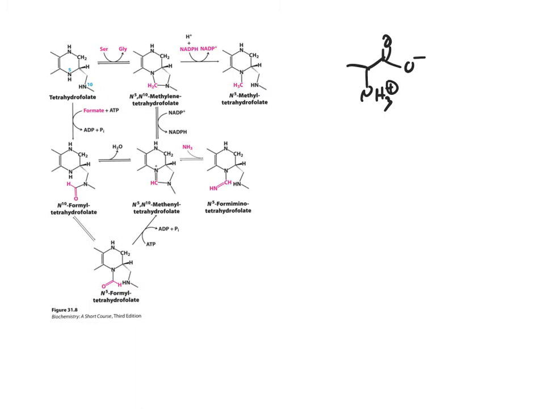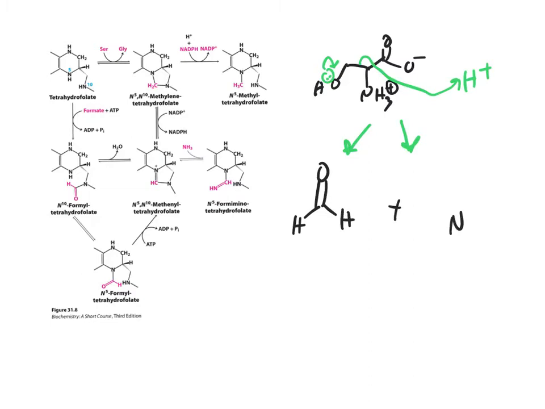But what happens is that you essentially eliminate this whole group here. So you'll have some proton source in solution. These electrons are going to come down, and you're going to break this carbon-carbon bond and generate two different things. So you'll make formaldehyde and glycine here.